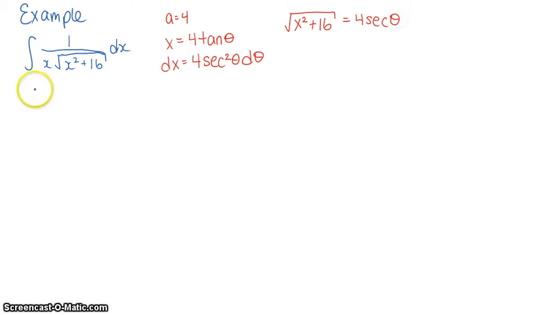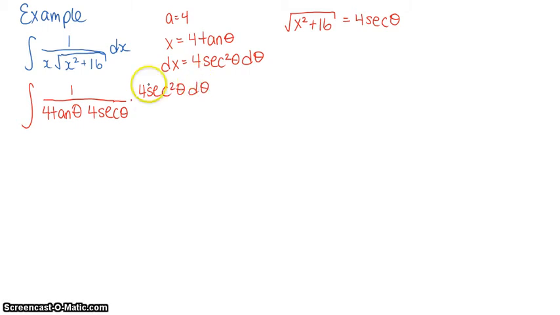So again, we're going to substitute in what we know. The integral of 1 over, and my x now becomes 4 tan theta. My square root of x squared plus 16 becomes 4 secant theta. And my dx becomes 4 secant squared theta d theta.